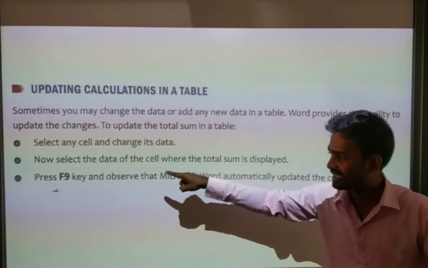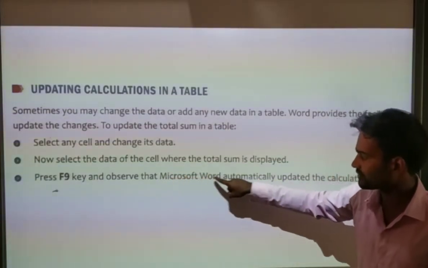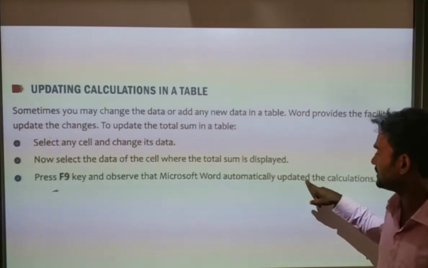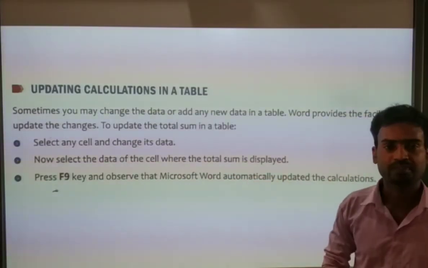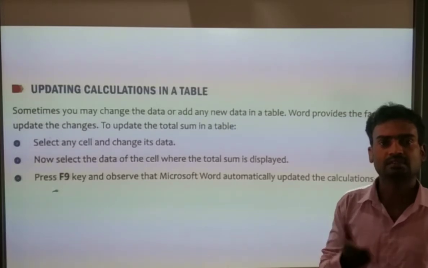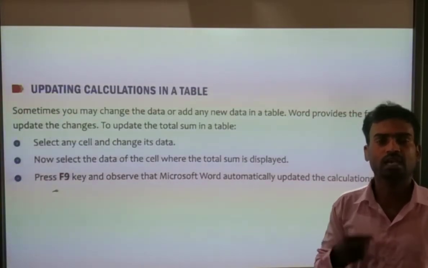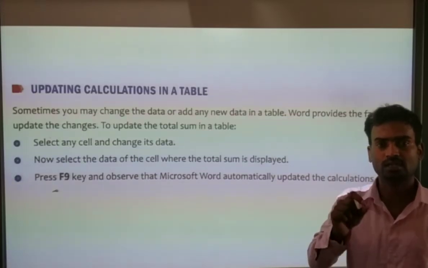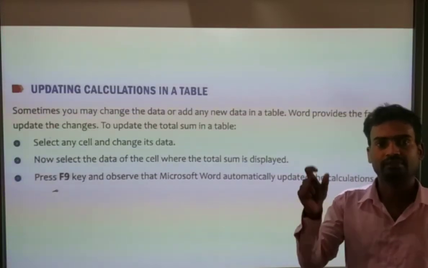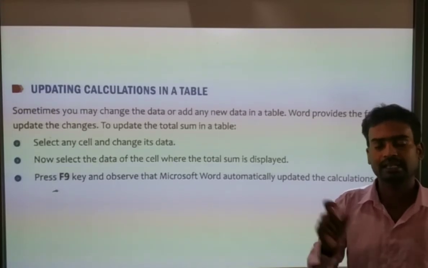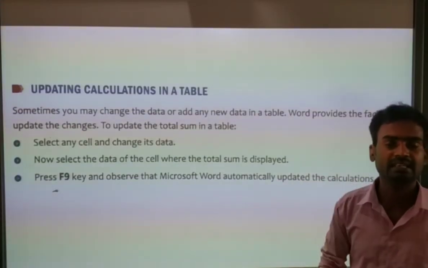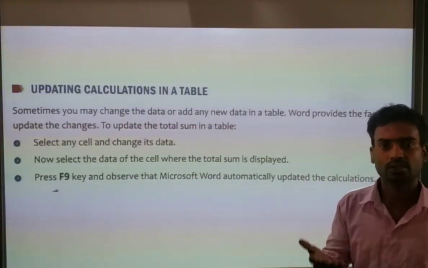Observe that Microsoft Word automatically updates the calculations. We don't need to do anything else. Change the number, keep the cursor where the total is displayed, click there, and press F9, then you will see the changes.